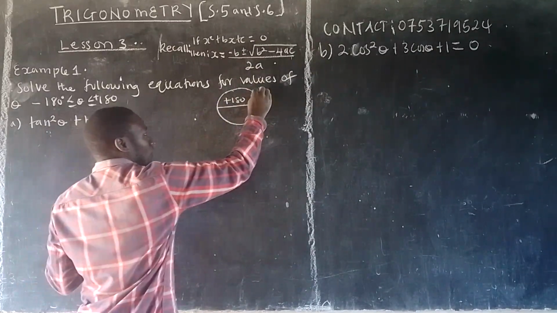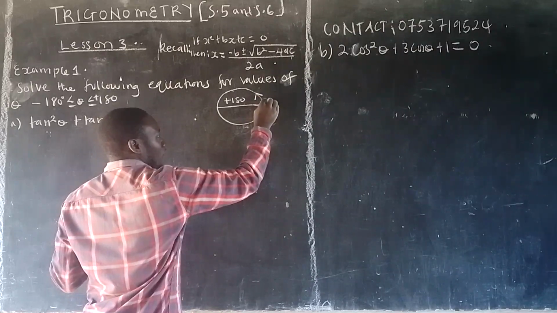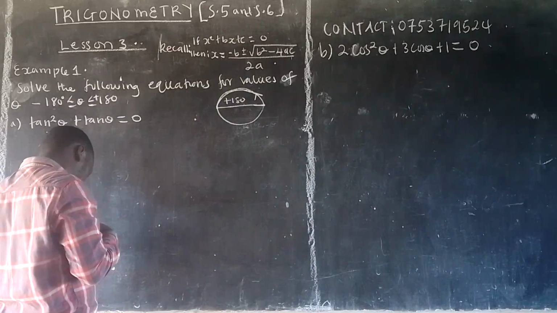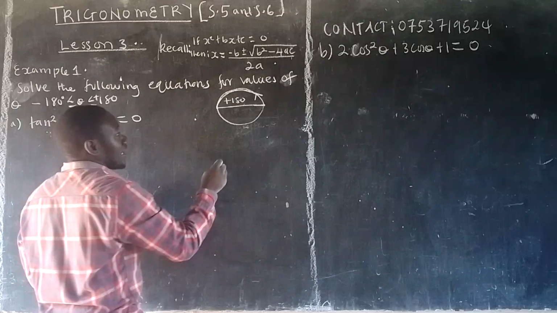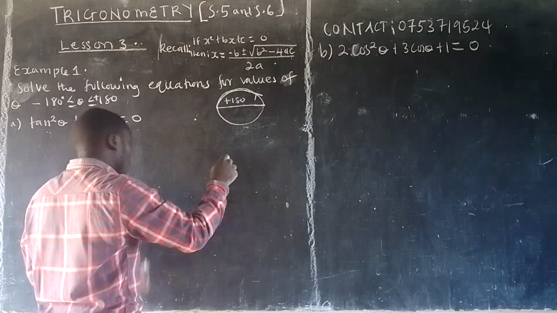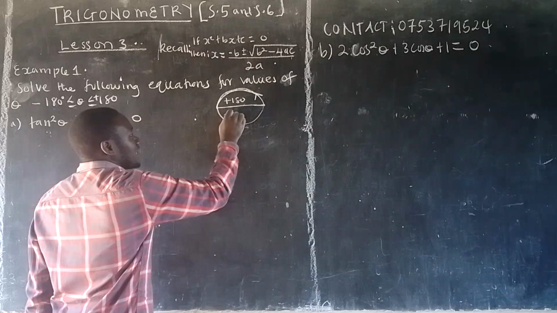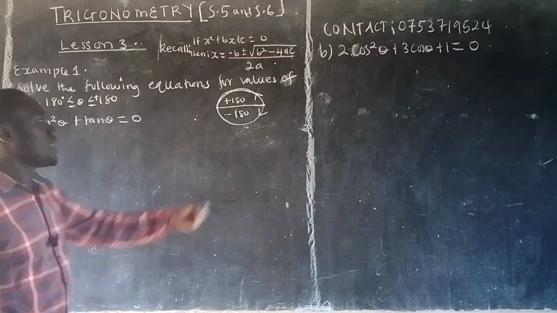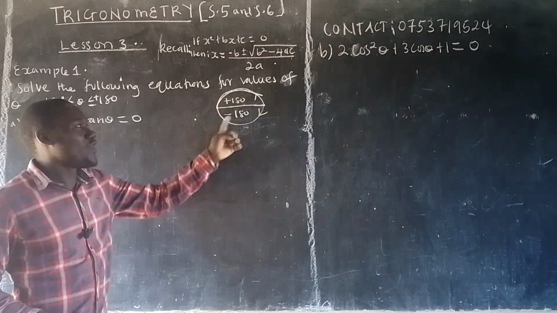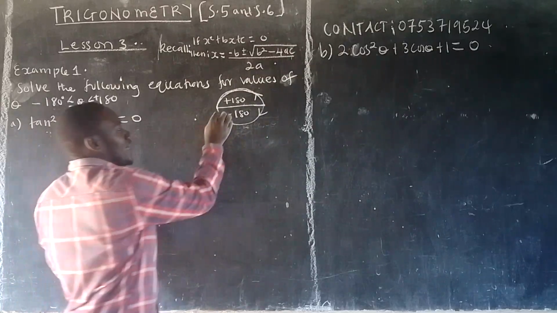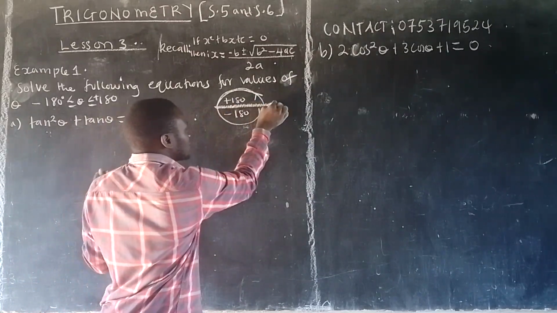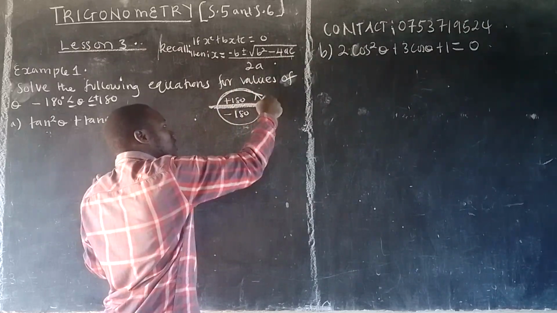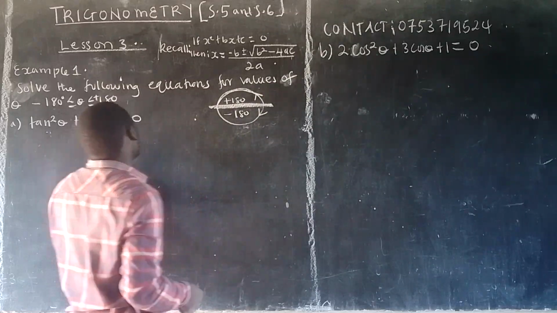It's because angles measured in that order, that is anti-clockwise, are positive, and angles measured in this order, that is clockwise, are negative. This horizontal axis is the line we use as reference. From this horizontal axis upwards is positive, and from this horizontal axis downwards is negative. Now, this is what this range means.